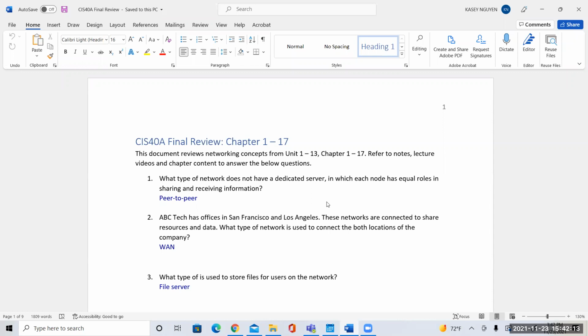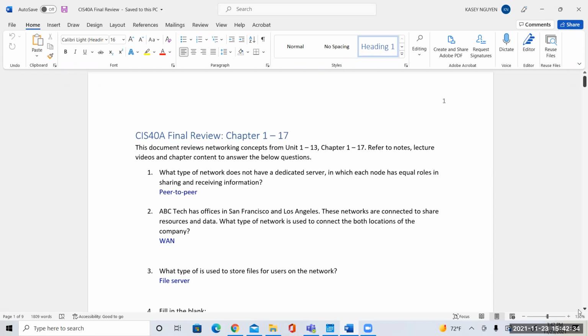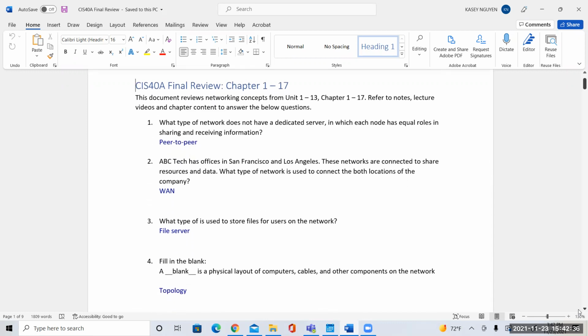Okay. So first question, what type of network does not have a dedicated server, in which each node has equal roles in sharing and receiving information? That is a peer-to-peer network. Compared to client-server, everybody has an equal role in sharing and accessing resources.